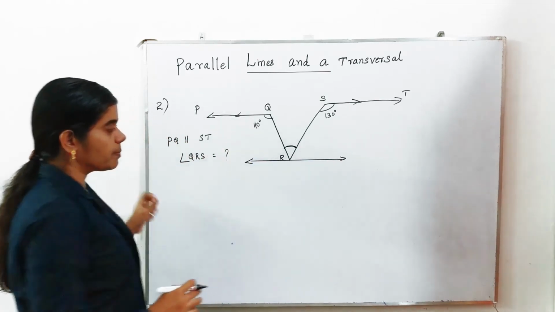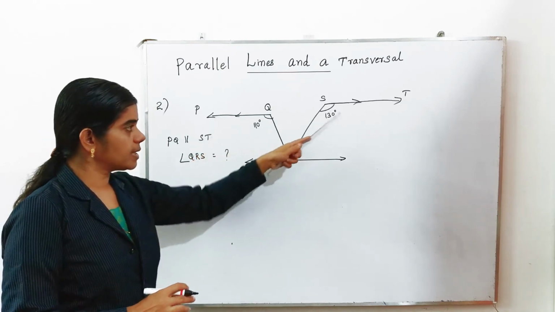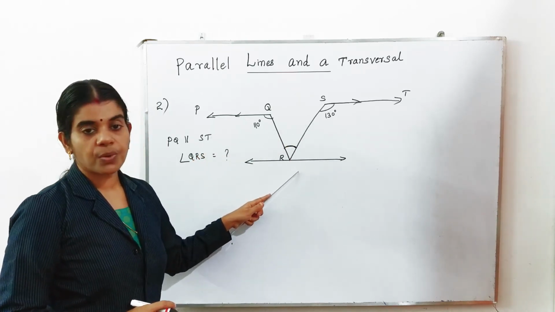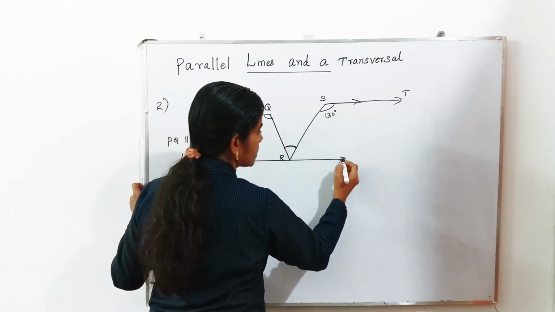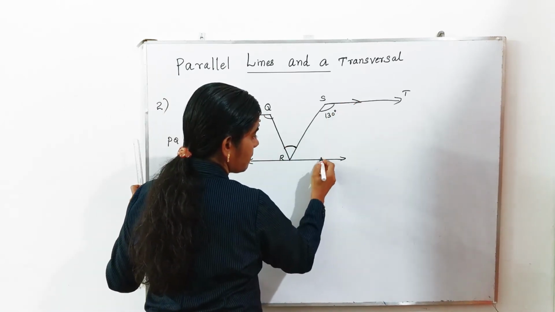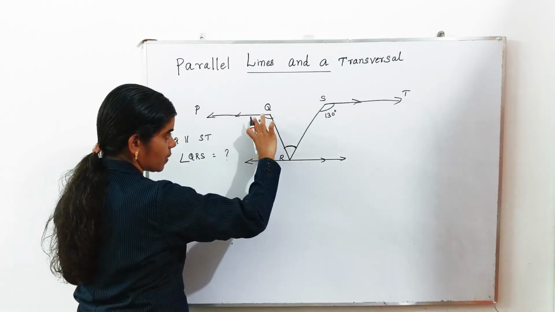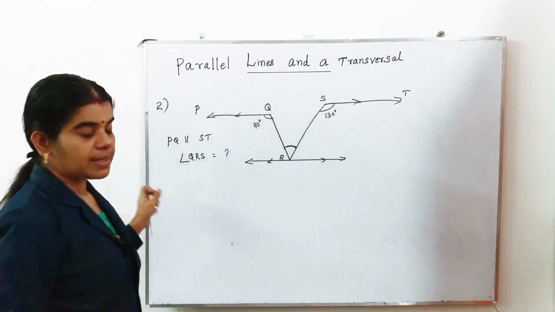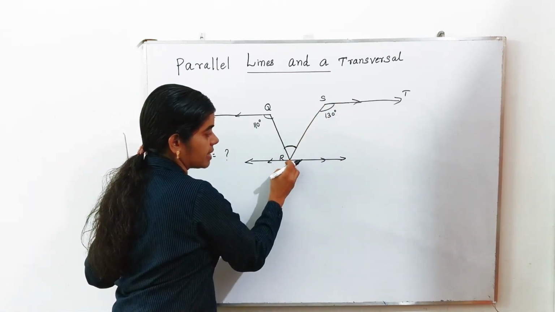This is parallel to PQ and ST. That line is parallel, I have drawn a line through R. Then, you know that these two lines are parallel, and this QP and this R line are parallel. These two are parallel and this will be a transversal.